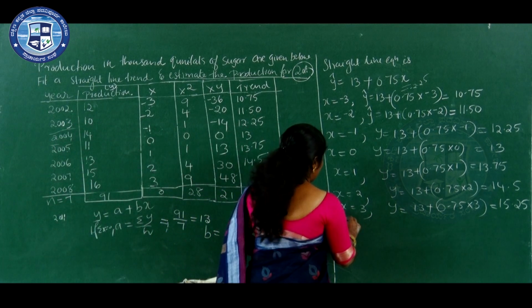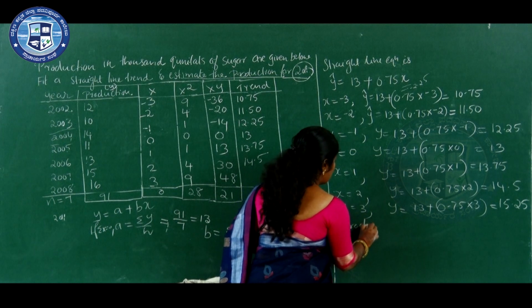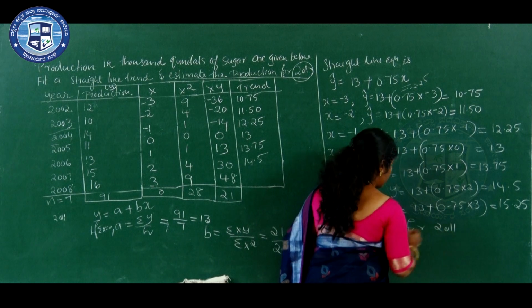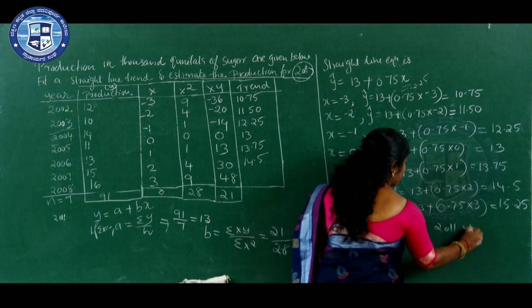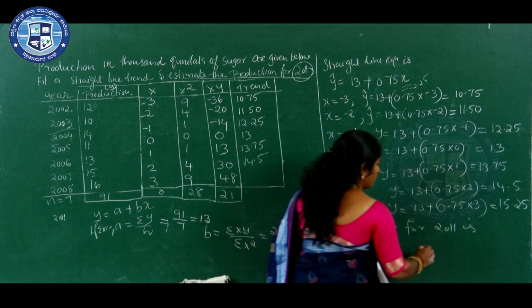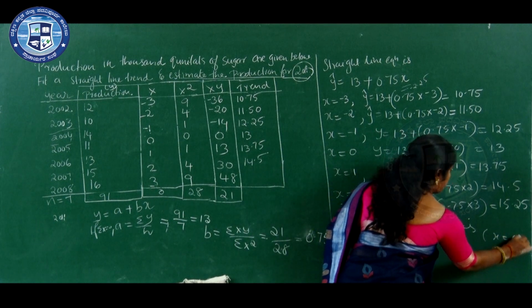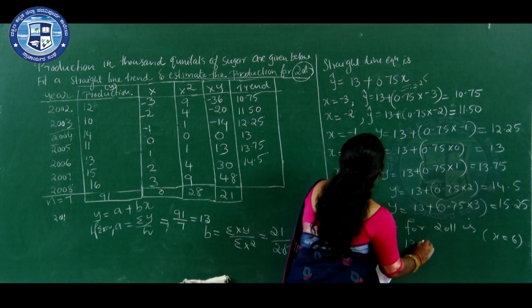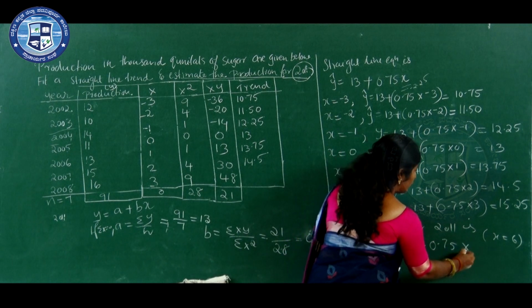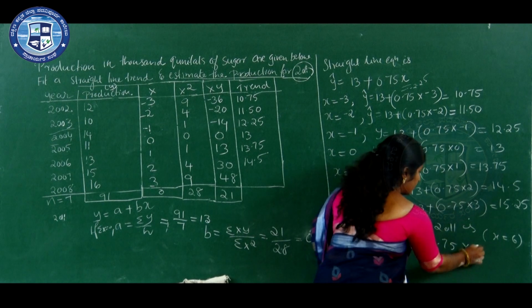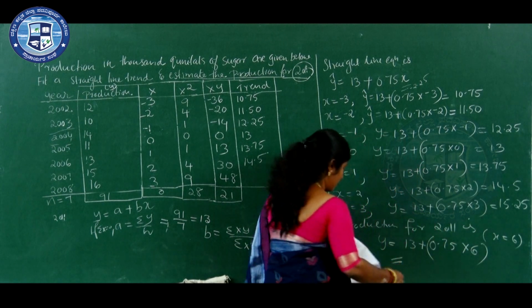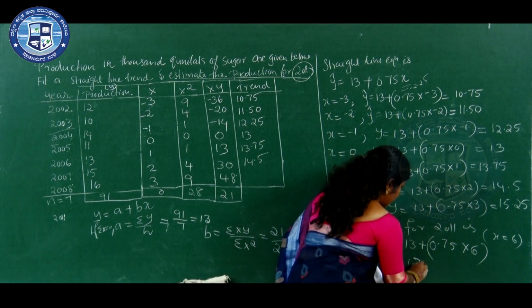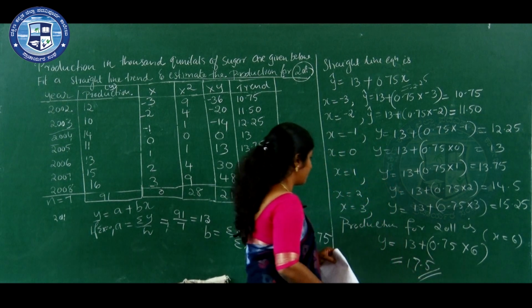So the production for 2011 is y equal to 13 plus 0.75 into the time point, 6, and the answer is 17.5.